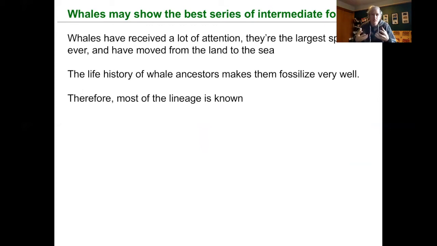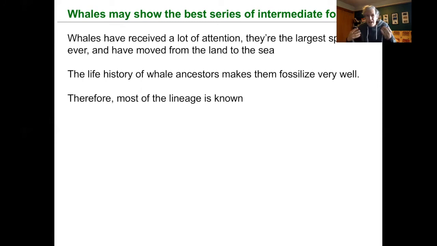Well, whales have received a lot of attention because, one, they are the largest species of animal ever. So the blue whale that is alive on the planet today exists in all the big oceans. That is the largest animal that has ever lived. It's bigger than the biggest dinosaurs. It is absolutely enormous.